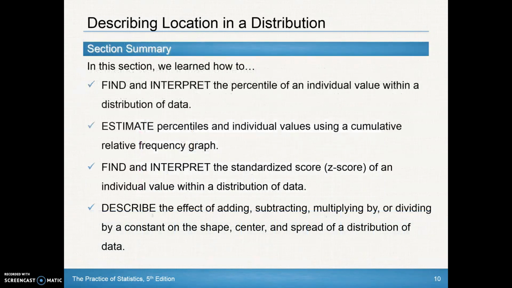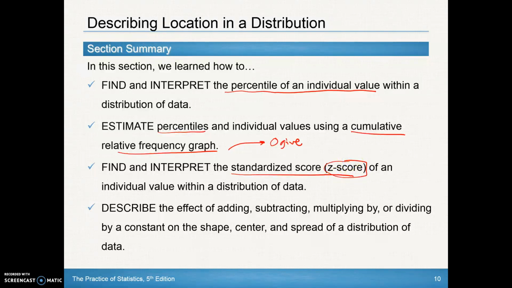All right, here's the end of day 1, and these are the things you should be able to do. We should be able to find the percentile of an individual value, which we talked about in day 1. We'll be able to estimate percentiles using a cumulative relative frequency graph, called an ogive. Standardized scores, z-scores, we also talked about in day 1.